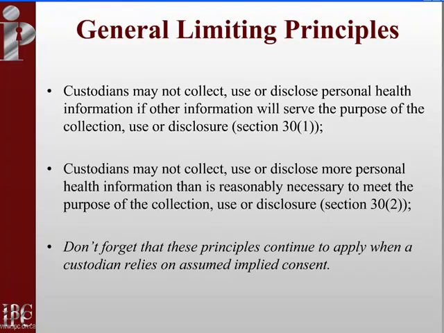Similarly, custodians cannot collect, use, or disclose more personal health information than is reasonably necessary to meet the purpose. So if you don't need certain elements or certain fields in a database, don't collect them. So these principles continue to apply even when the custodian relies on assumed implied consent.